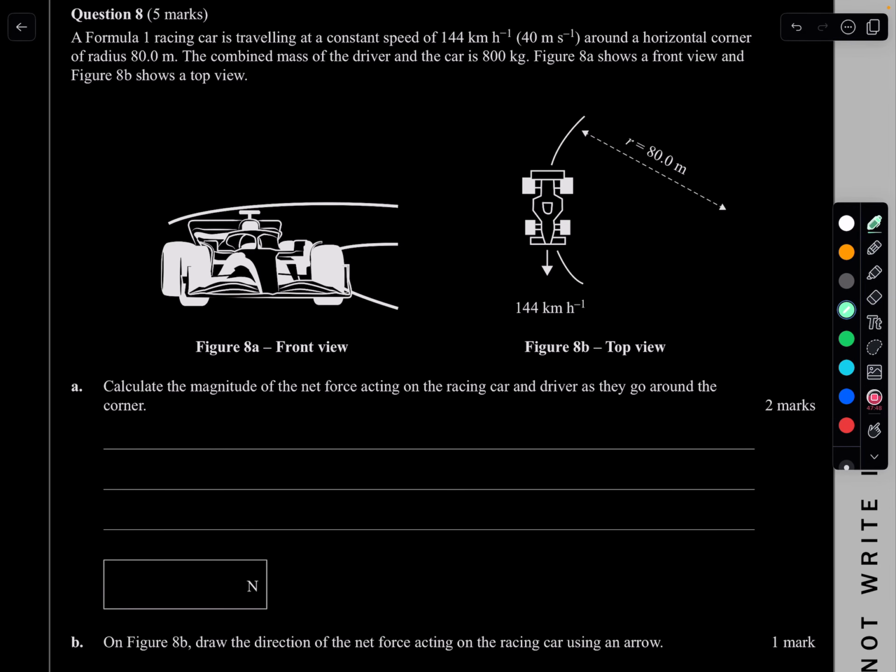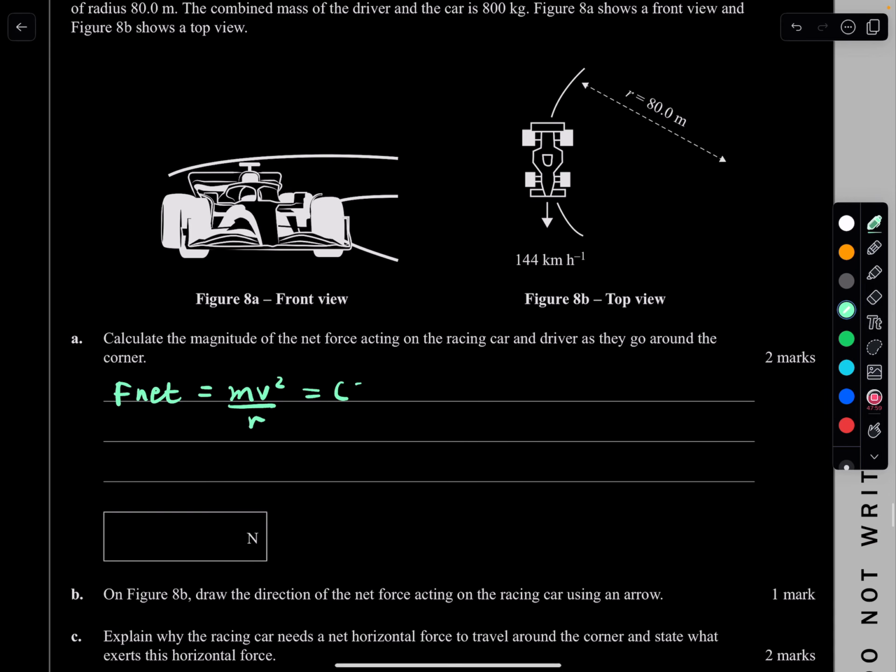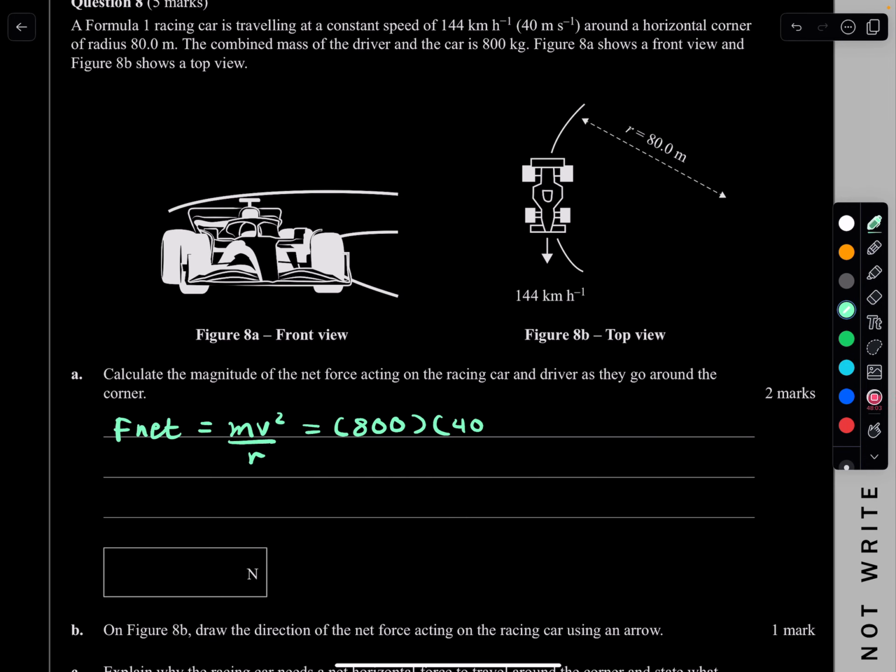Beautiful. So we know that the net force for any circular motion is mv squared over r. So what's the mass? It's 800. What's the velocity? 40 squared, divided by the radius.